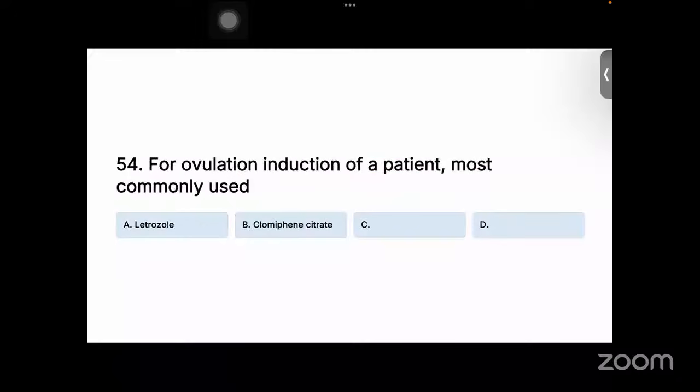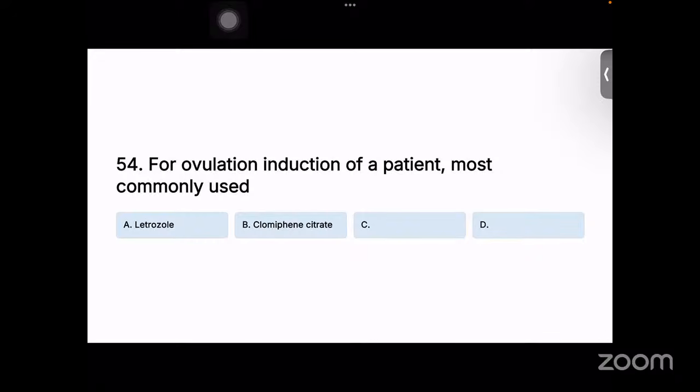Next, for ovulation induction of the patient, which is mainly or most commonly used? Speaking about ovulation induction, the most common one is letrozole, the emerging standard, but the traditional standard was clomiphene citrate.